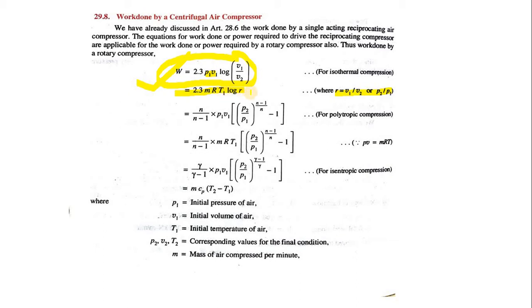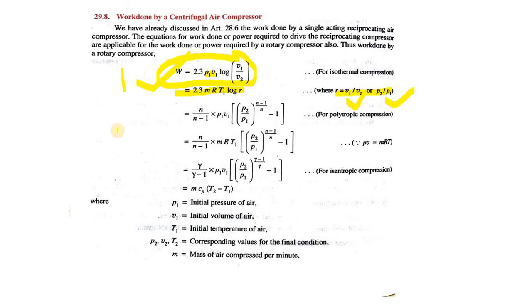Here r is the compression ratio, which is nothing but P2/P1 and also V1/V2. This is all about work done during isothermal compression.